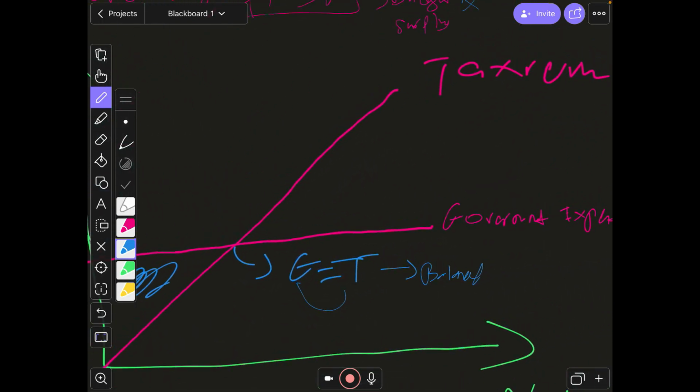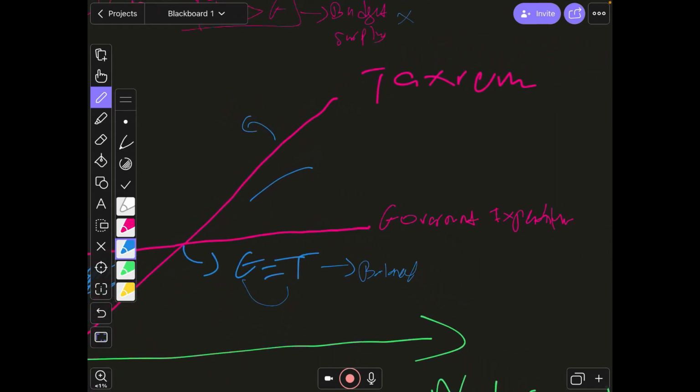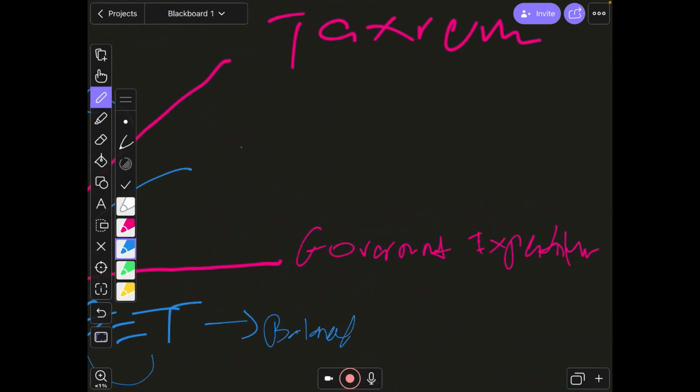But at any point after this, since we can see the tax revenue curve outstrips the government expenditure curve, at this point T outstrips G, because of which we will end up with a budget surplus, right?